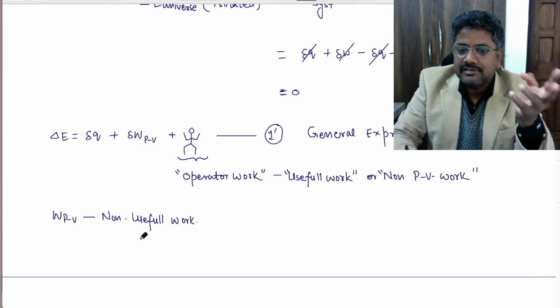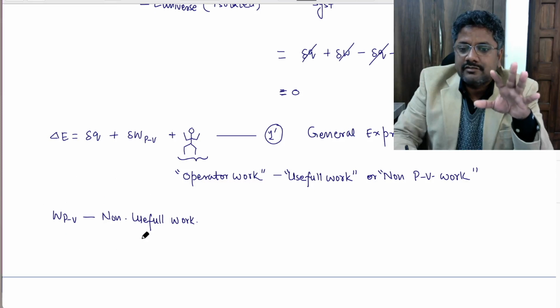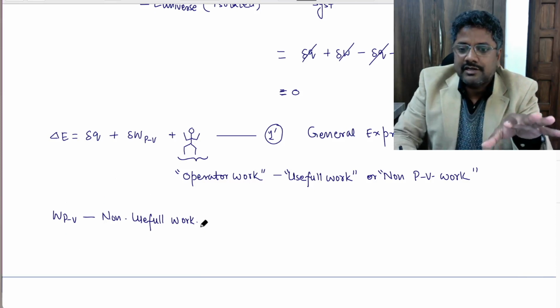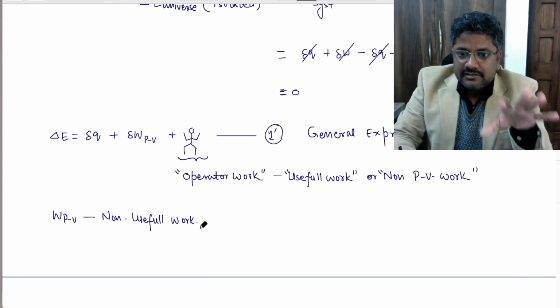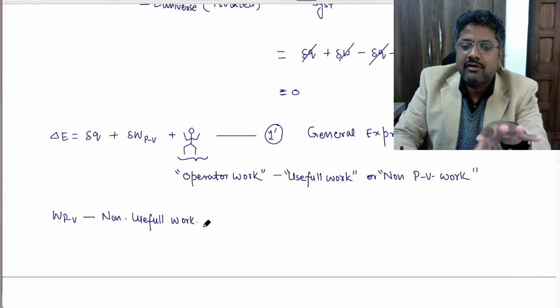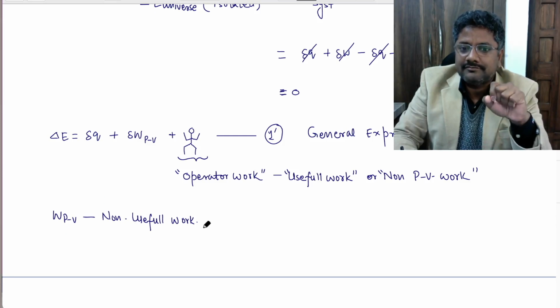And this concept applies to you people also. Those students who study under some compulsion, their work is not useful unless you are happily involved in the studies. Your work becomes non-useful, like PV work.